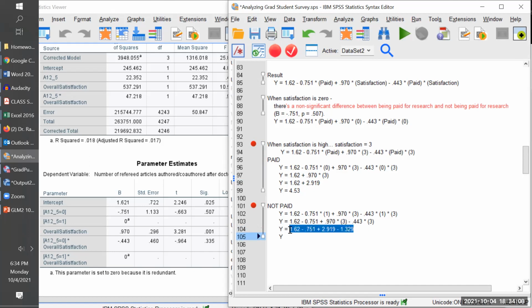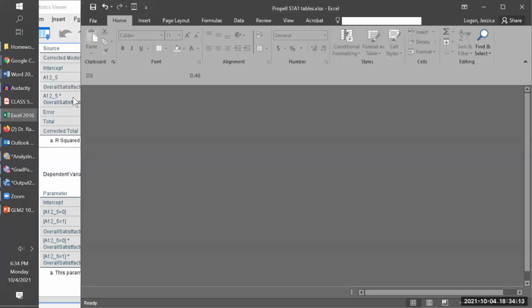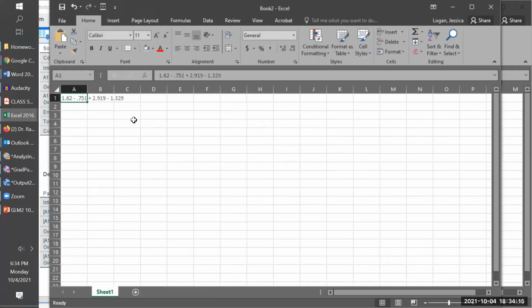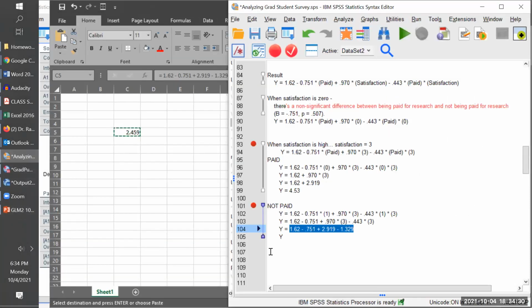Listen, I'm going to get it wrong, so we're going to get an Excel document. Equals. Whew. That's so much faster than trying to do it by hand. Y equals 2.45. The estimated marginal mean when you're not paid is 2.4.